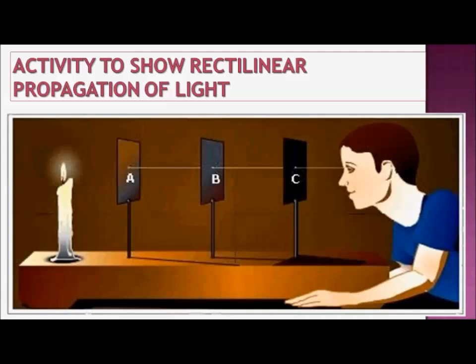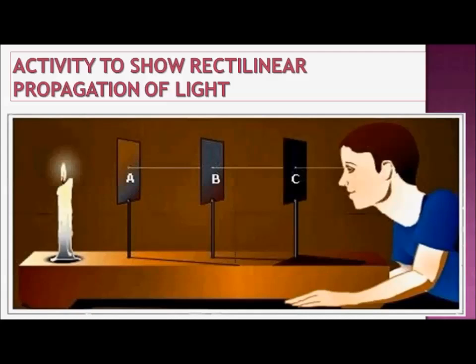Take 3 cardboards of the same size, that is A, B and C. Stack them together and make a hole in each by driving a nail through all of them. That is, keep all the 3 cardboards together and make a hole through them so that all the 3 holes should be in a straight line as shown in the figure.